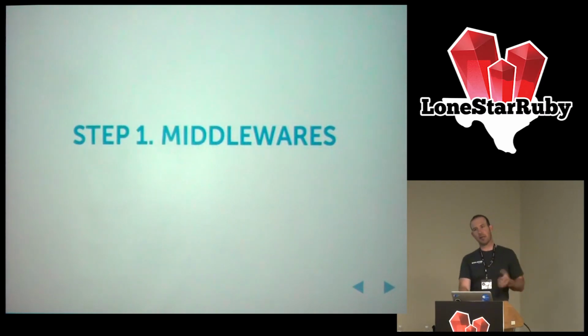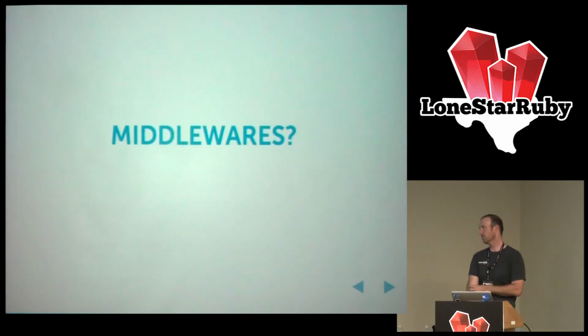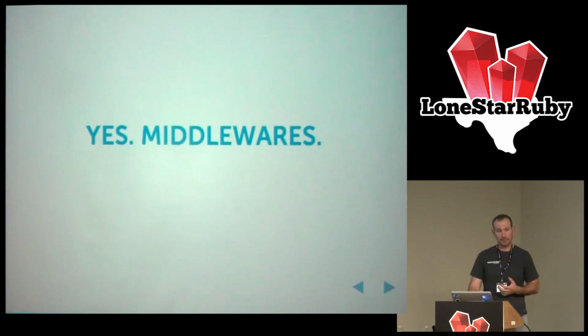One of the things we actually found was the introduction of middleware, which I'll just give a quick review of, because why would you want middleware in your command line application?